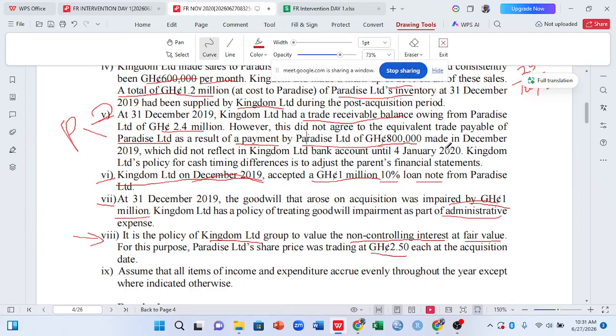That means that the balance in the payables should rather be the 2,400 minus the 800, which would be 1,006 (1,600). So the payable balance is rather 1,006, and then the cash in transit is 800. So this is the payment that did not reflect in the bank account.